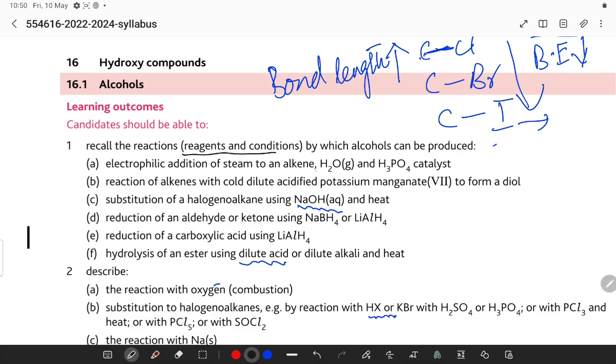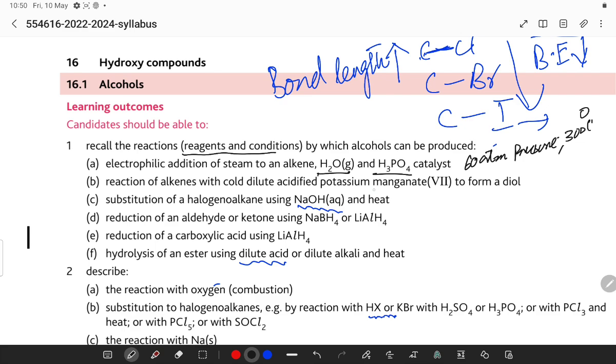Electrophilic addition of steam to an alkene. H2O is the steam, H3PO4 catalyst and 60 atmospheric pressure, and H3PO4 catalyst, 300 degree centigrade temperature.